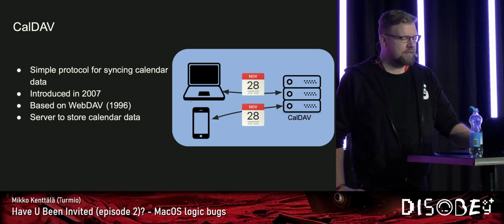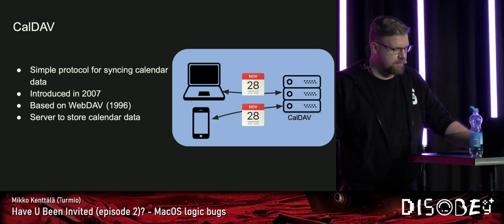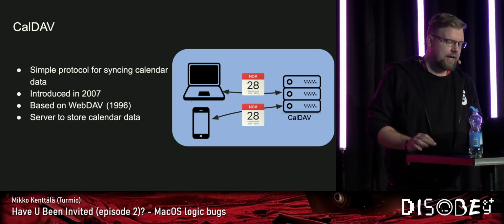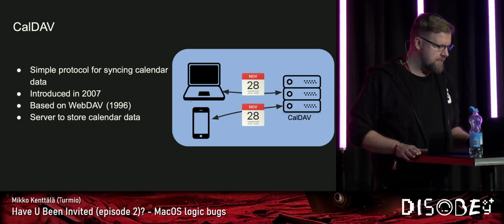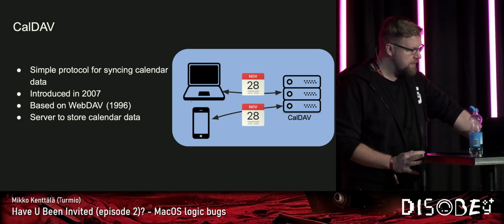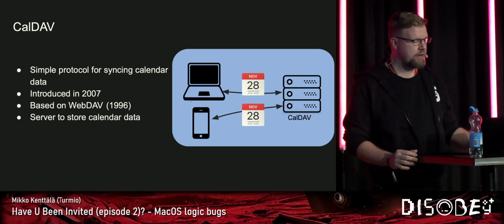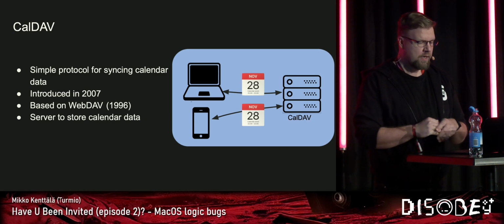So, the calendar itself and the services behind the calendar are rather old. There's basically two different branches, one which is done by Microsoft, which works a little bit differently, and then there's CalDAV, which is basically what everybody else seems to be using.